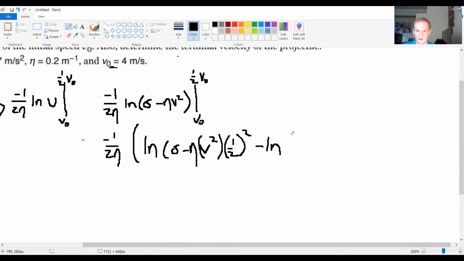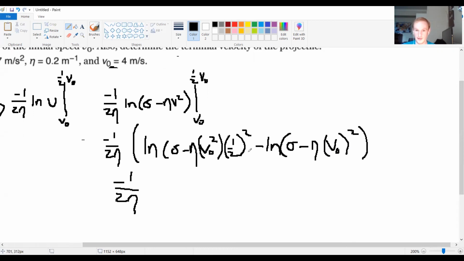minus ln of sigma minus n, and then this is the second term, so it's going to be the v naught here, v naught squared. And then if you remember the principle of logarithms that have the same base, these are both base e, so we can just merge them.